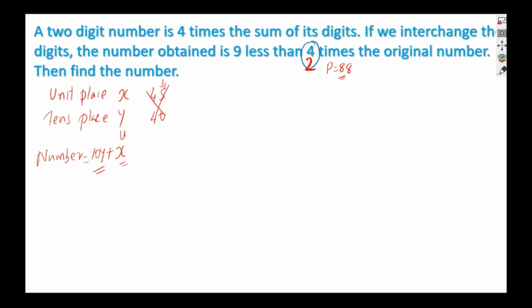Example I am saying. Okay, so sum of the digits means what? Which are our digits? In the unit place x, and y in the tens. The sum is y plus x. That also we should remember. It is given that the number is 4 times the sum of its digits.